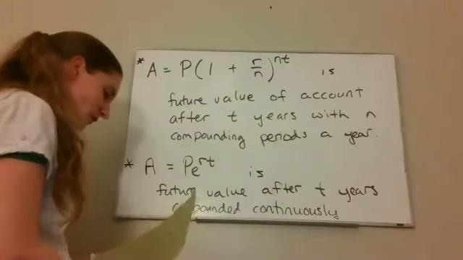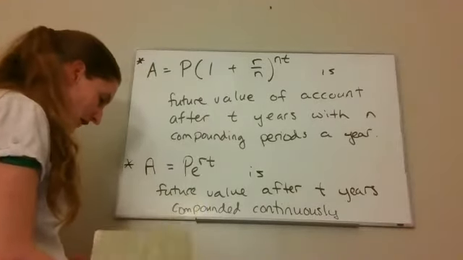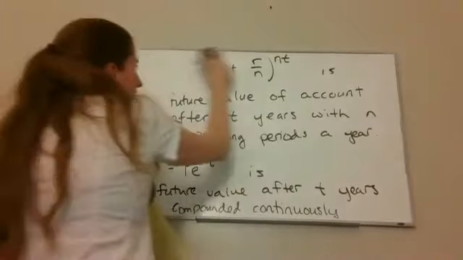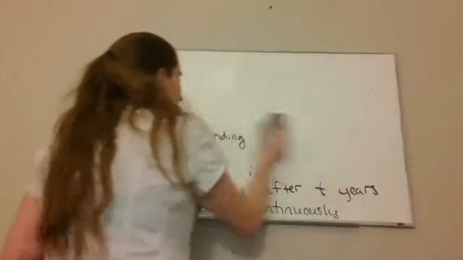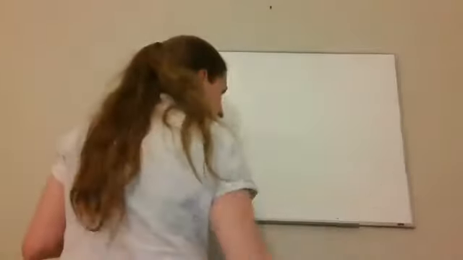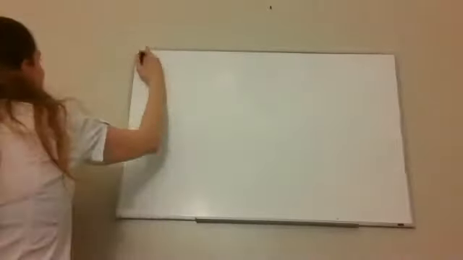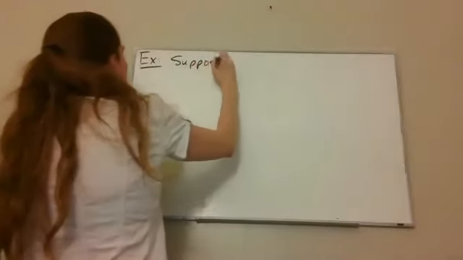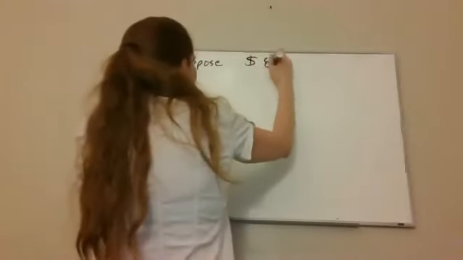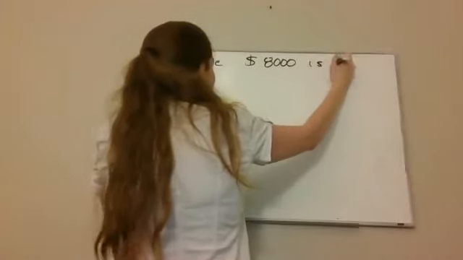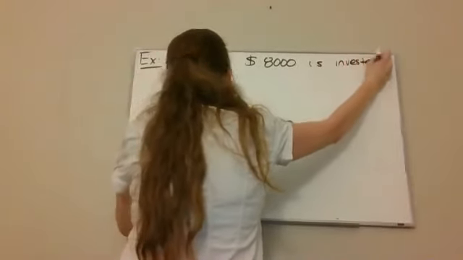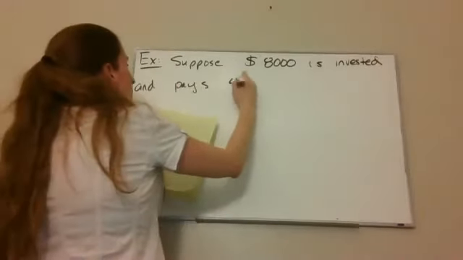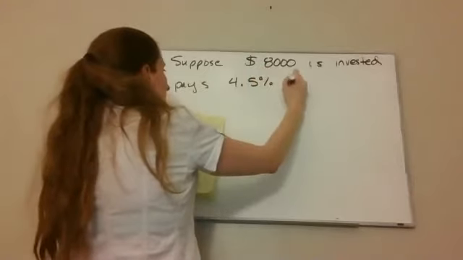Let's do an example using our compound interest. We're going to compare all these different types of compounding in this problem. We're going to suppose that $8,000 is invested and pays 4.5% per year.